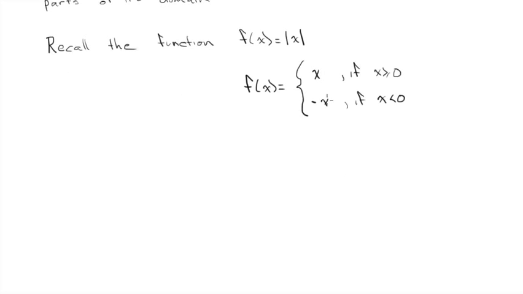But this right here is what we would call a piecewise function, because it's defined using two different equations on different parts of its domain. On one part, x bigger than or equal to 0, it's defined using the equation f at x equals x. And on this other part, it's defined using the equation f at x equals minus x. So this is a piecewise function.